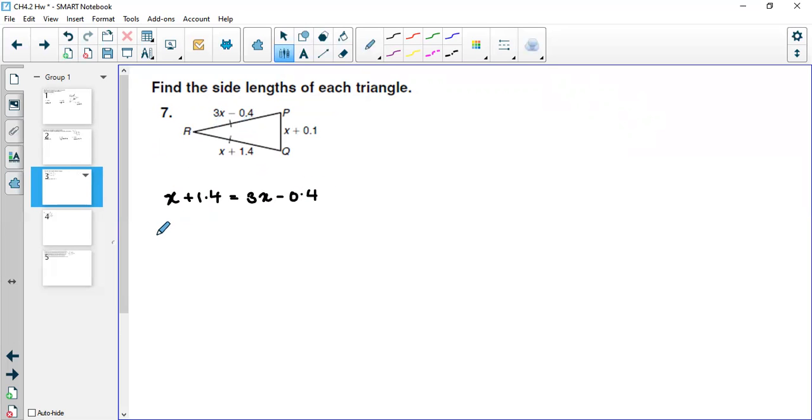So that means it's going to be x minus 3x equals negative 0.4 minus 1.4. I'm not going to teach you the rules of algebra here, so you need to understand that.